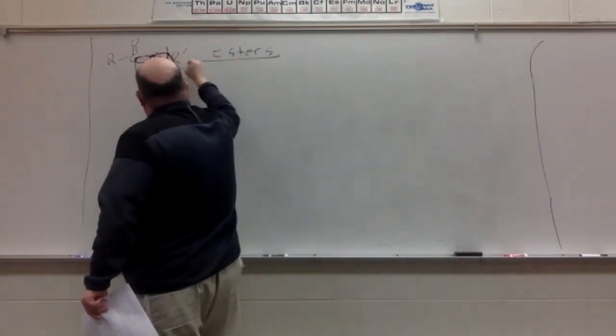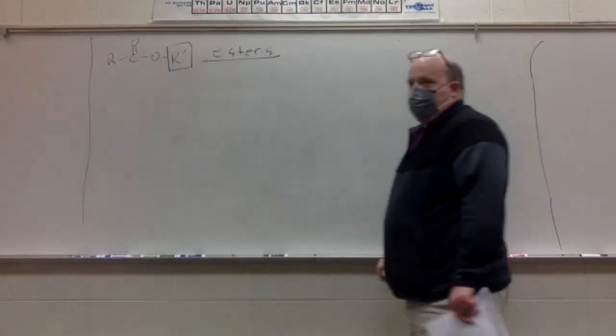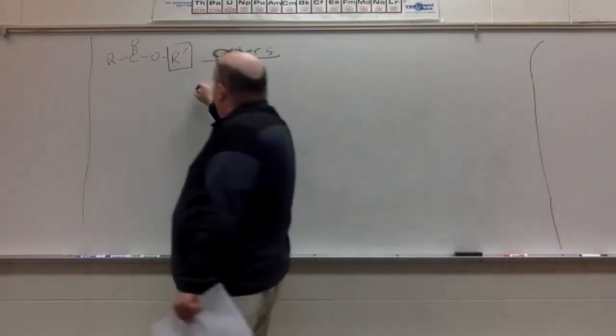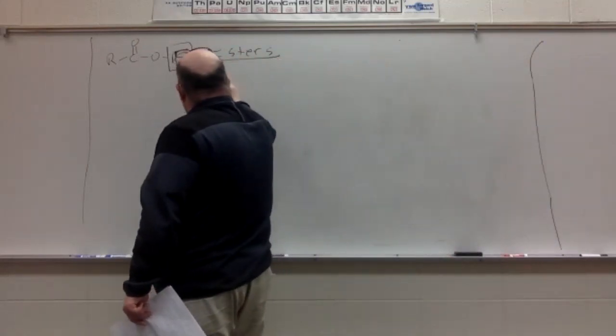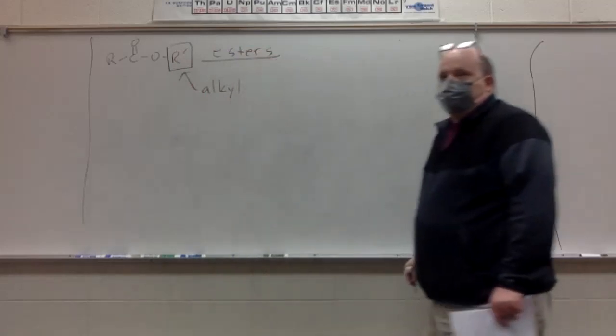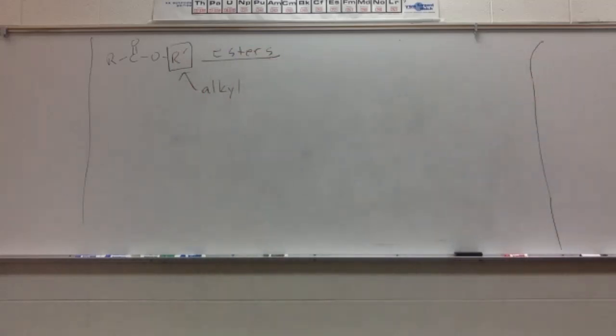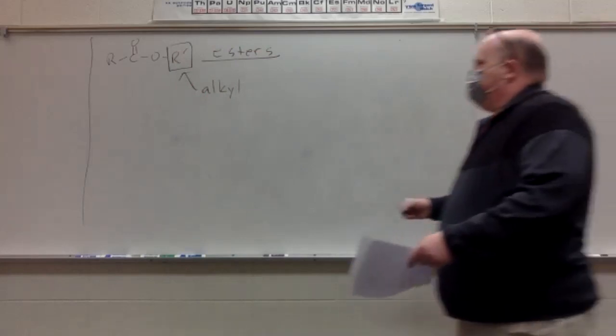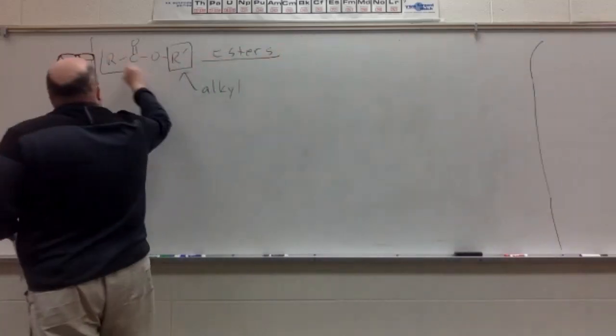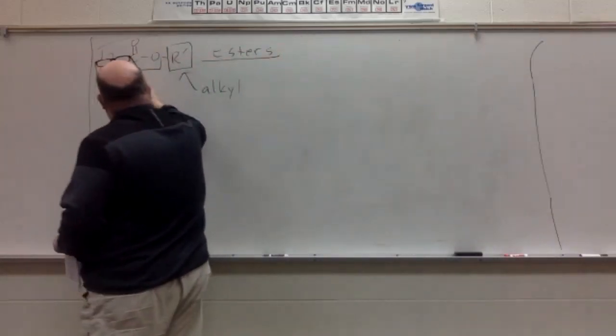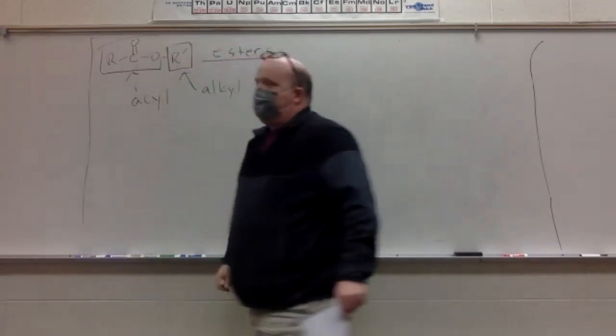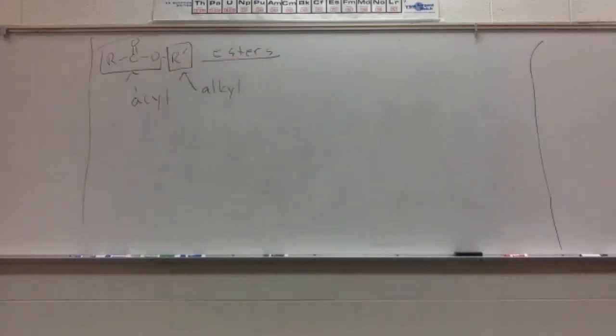This part over here, that R prime, that's going to be what we call the alkyl portion of your ester. This other part, we're going to call it the acyl portion.